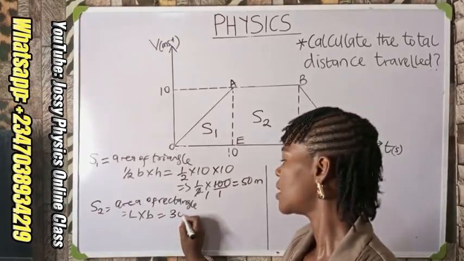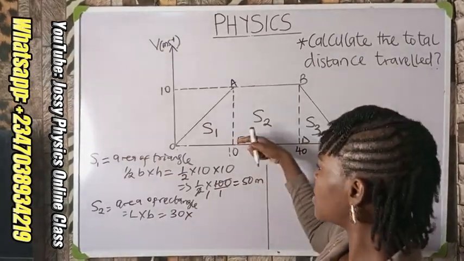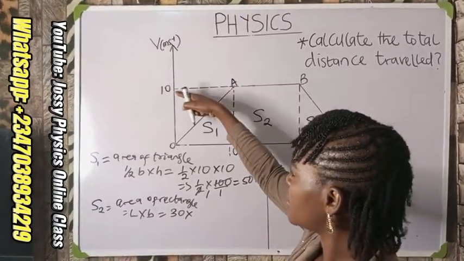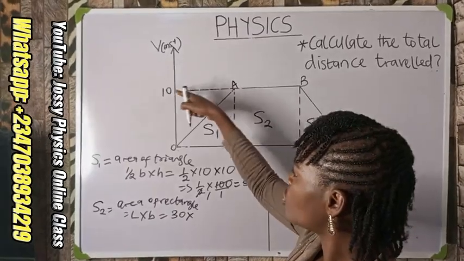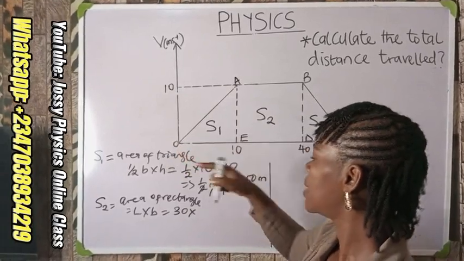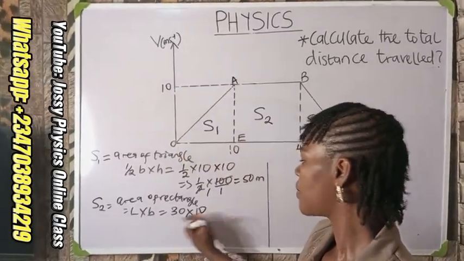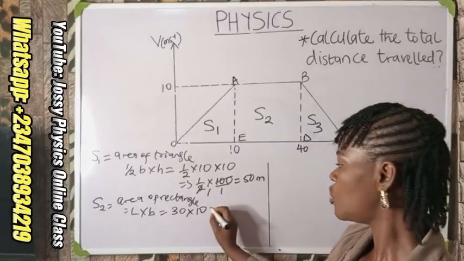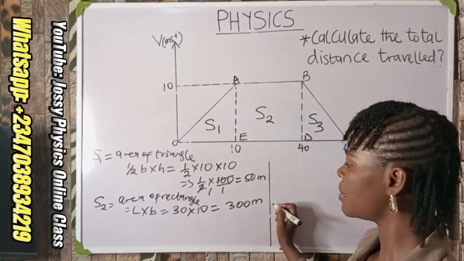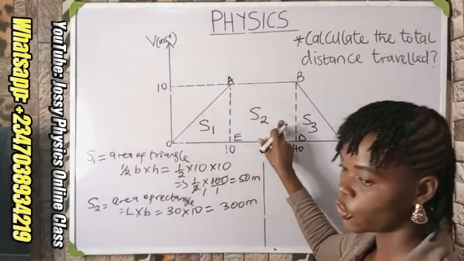So I have 30 times the breadth. The breadth is AE, which, if I go outside the box to check it from this axis, is 10 minus 0, giving me 10. So I have 30 times 10, which gives me 300 meters. That is my S2.